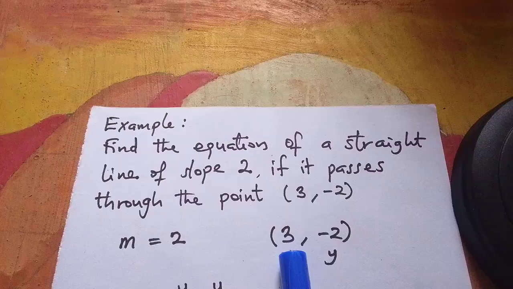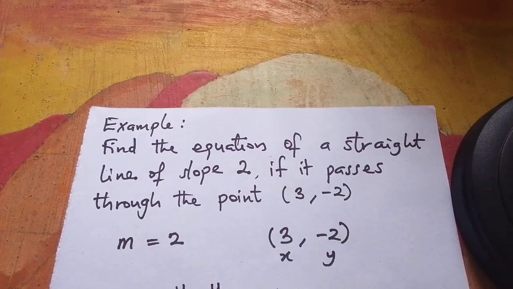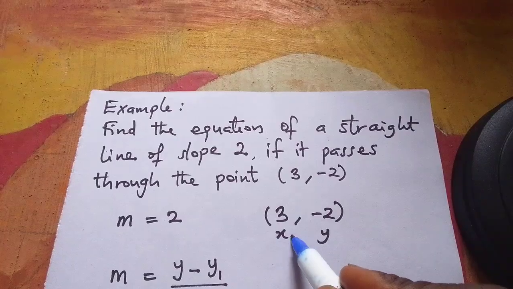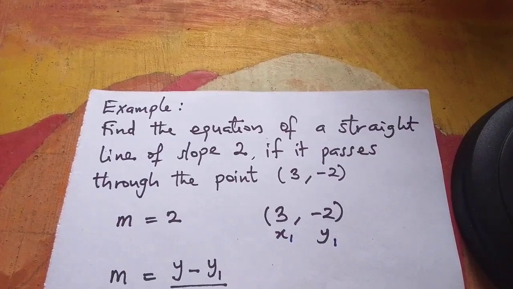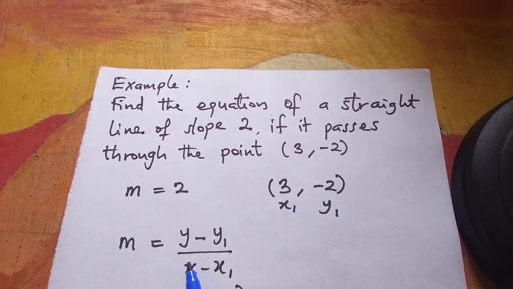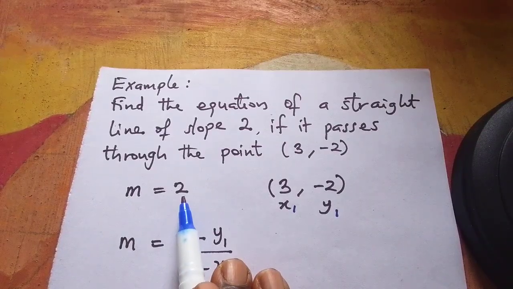So we are going to take this coordinate as (x1, y1). So it means that we are going to substitute into this formula m equals (y minus y1) over (x minus x1). So the gradient is given to be 2.